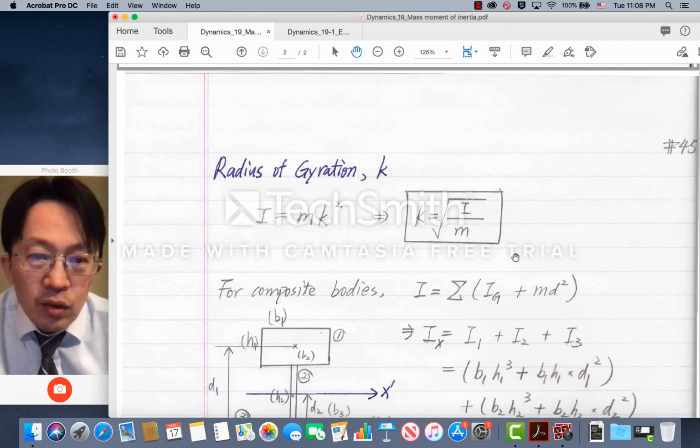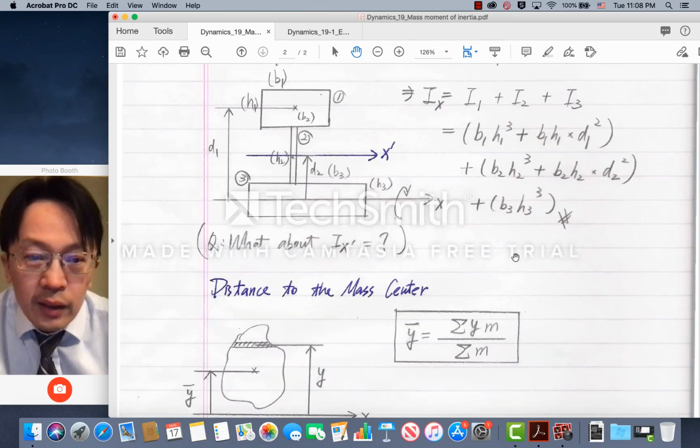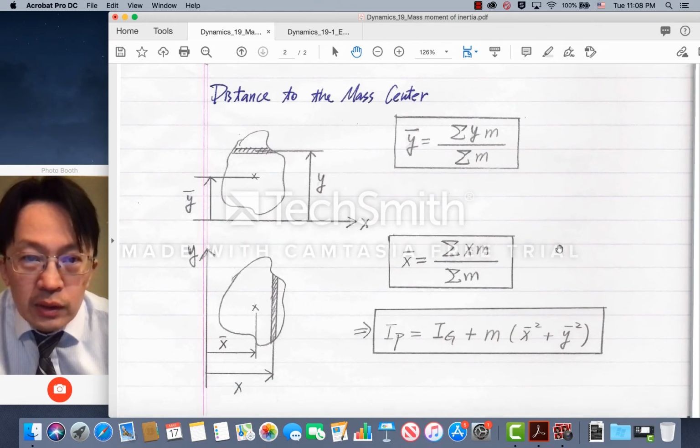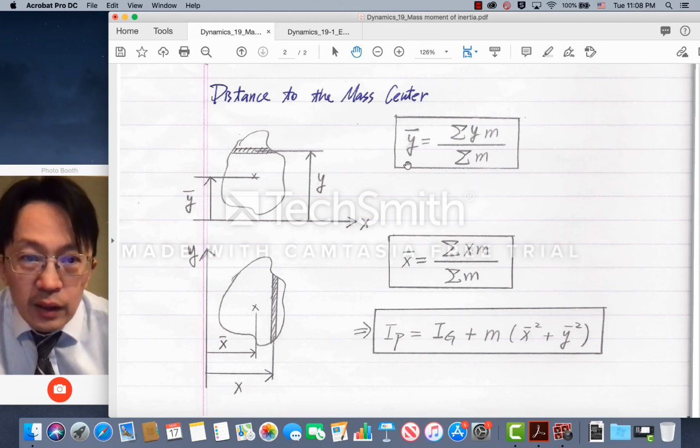Now, there are many other ways we can also use to find the mass moment of inertia. And one more thing you want to remember before we finish today's lecture is to determine the center of gravity. And to do that, you will have to use the first moment of area, which is shown here. These are the x bar and y bar expressions you can use in finding the center of gravity.